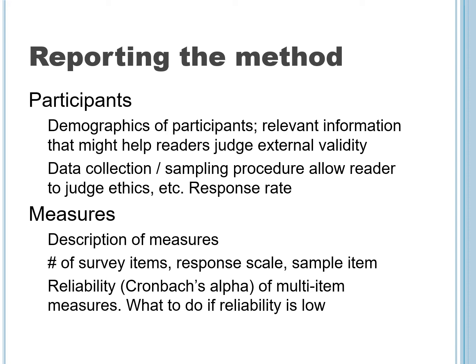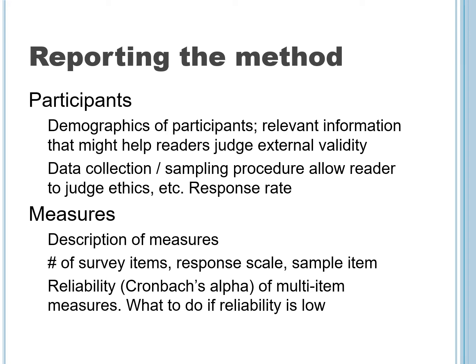And what to do if reliability is low? Well, it's a bit of a judgment call. If it's a bit low, like maybe in the upper 60s, I'd say go ahead and use the measure, but talk about how it should probably be interpreted with a grain of salt. Whereas if it's substantially low, under 0.6 for sure, then you might want to consider not using that measure, or certainly not using it as the focus of a hypothesis.